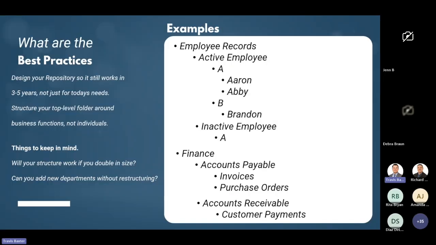When building the folder structure, some of the best practices to follow is to think of the long term. Avoid creating deeply nested folders in your folder structure, going too many levels down. It becomes difficult to navigate and maintain. Start at the high level with categories based on business functions like finance, HR, operations, rather than individual teams or people or temporary teams.